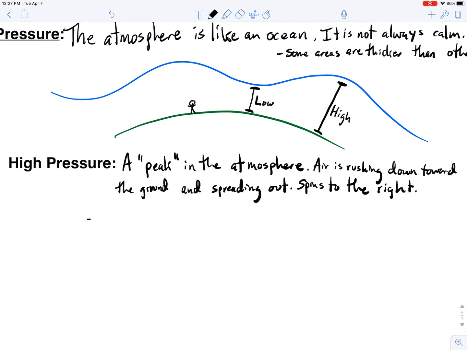It always spins to the right. So air tends to flow clockwise around high pressure. As that air rushes towards the ground and fans out away from the area of high pressure, it tends to spin to the right. And I'll show you that in a drawing here in a second.